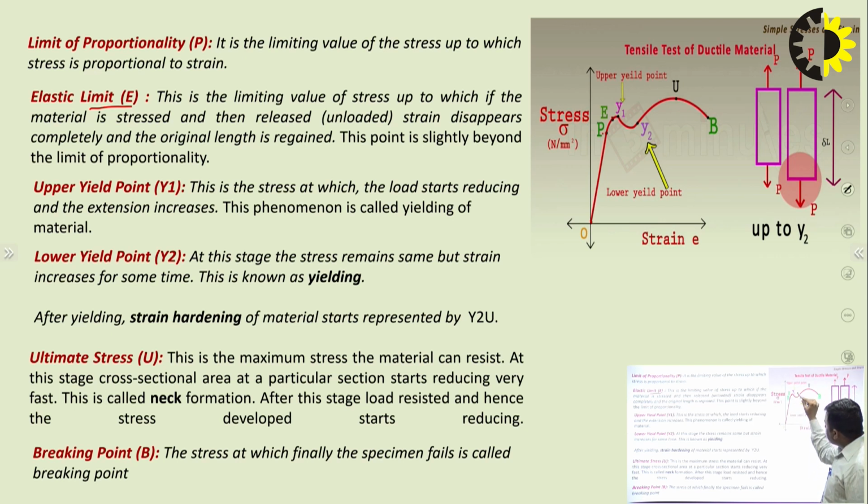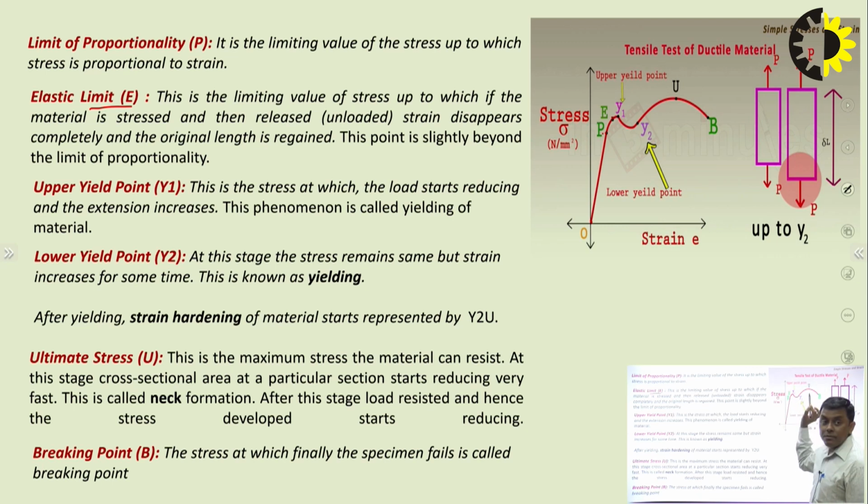It is not necessary that the curve between P and E is a straight line. So, the difference between these 2 points: at P, the limit of proportionality, the curve is linear. From P to E, the elastic limit is there up to point E, but the stress strain curve is not necessarily linear.